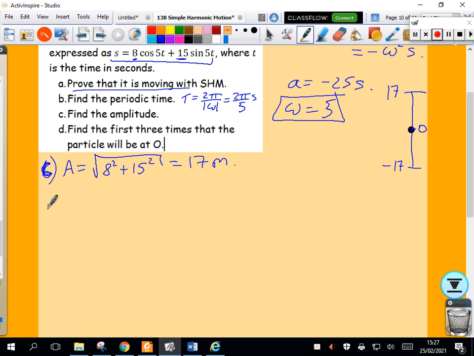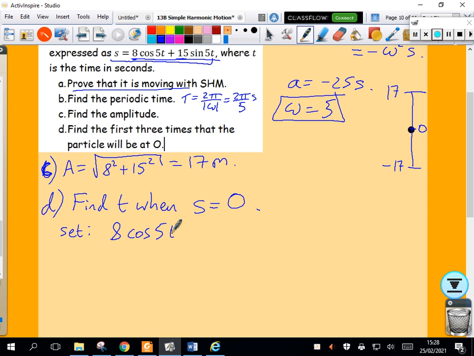We're trying to find t when the displacement from the center of the oscillation is equal to 0. So I'm going to set my expression for displacement, 8 cosine 5t plus 15 sine 5t, equal to 0.